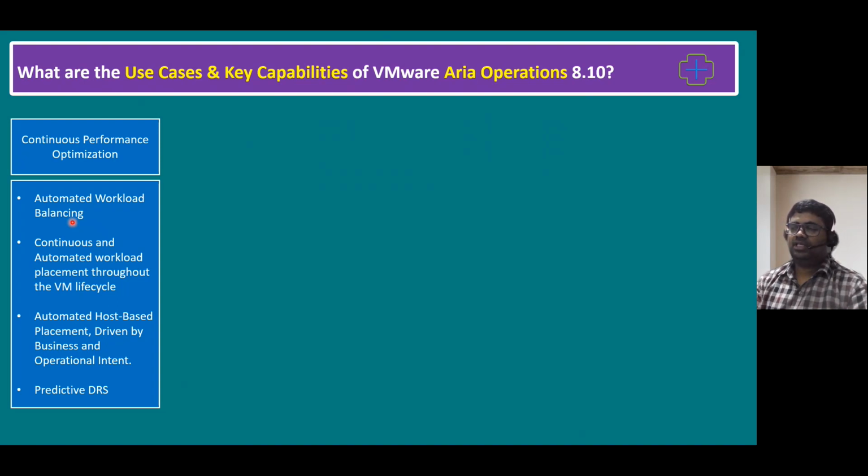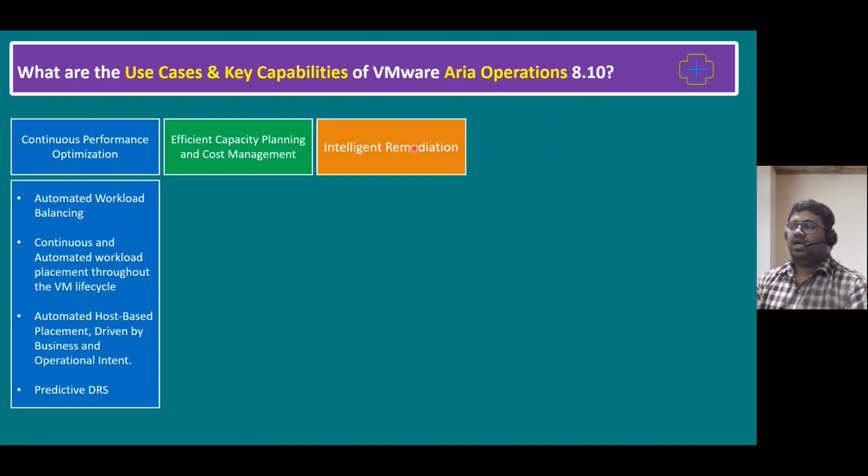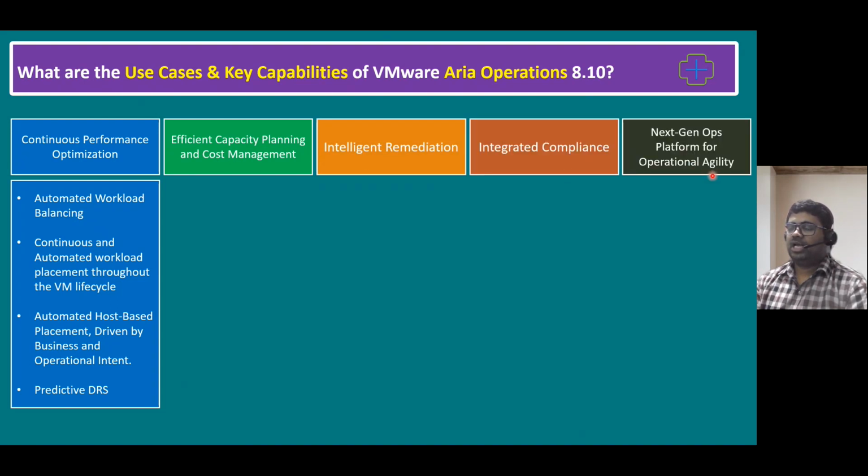Whatever the DRS functionality is working, that information is captured by Aria Operations, and continuous and automated workload placement throughout the VM lifecycle. That option is also available, along with automated host-based placement driven by business and operational intent, and predictive DRS functionality. And efficient capacity planning and cost management and other use cases I'm just highlighting here.